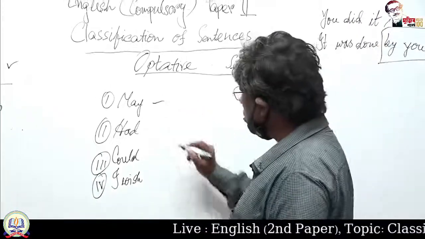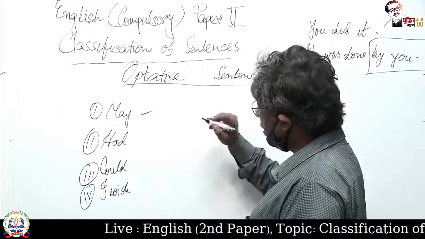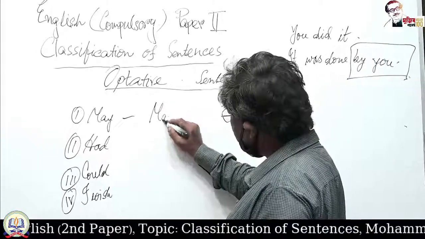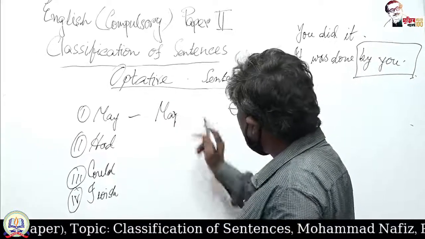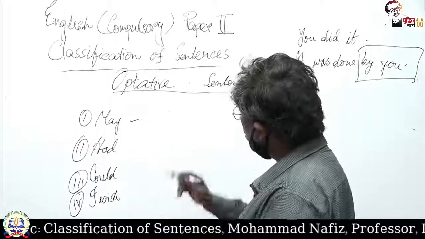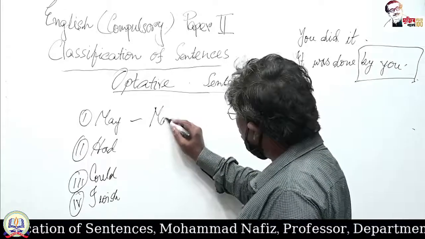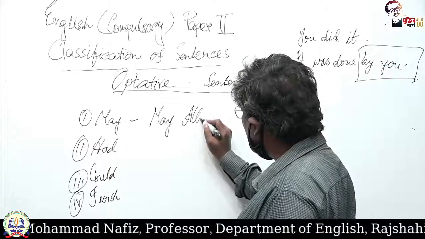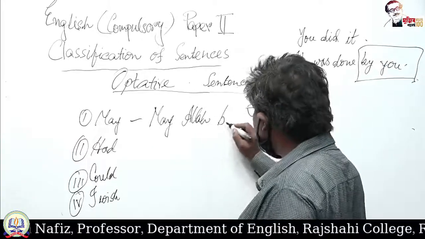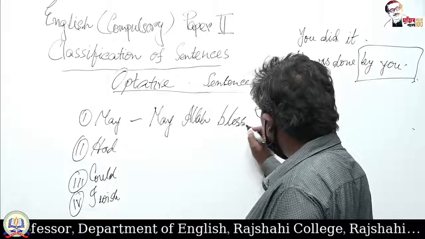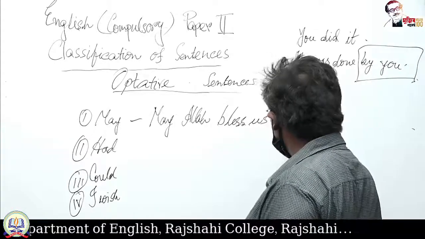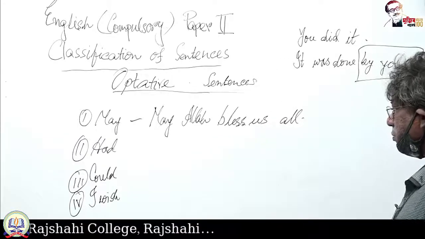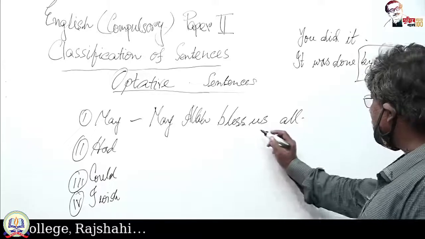If you are asked to begin an optative sentence with may, look at the sentence: May Allah bless us all. Well, we have two objects here.